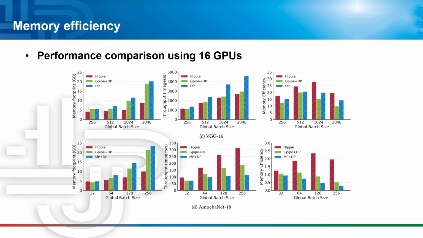Surprisingly, Hippie outperforms GPipe plus DP with up to 3.46 times memory efficiency. It can be seen that Hippie has more outstanding training efficiency for large-scale models, especially those that cannot be trained by a single GPU.